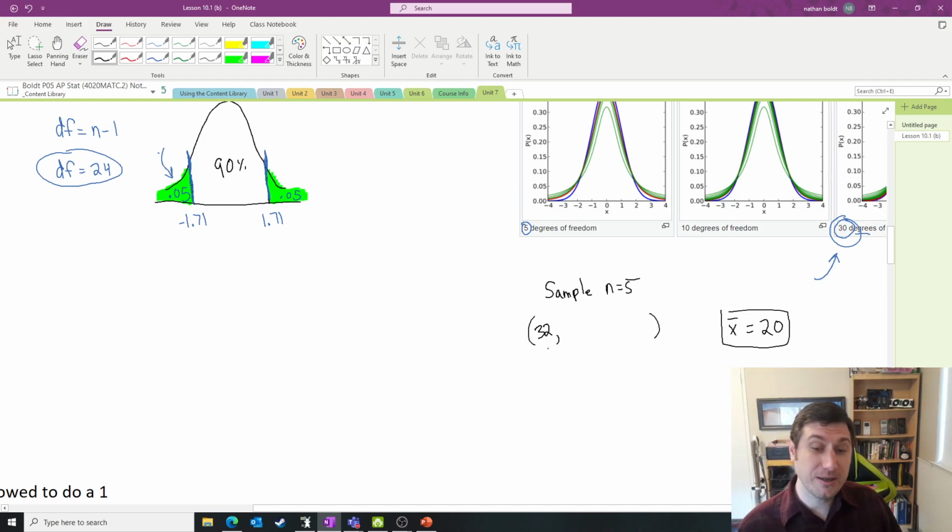Now I'm going to pick the second number. I have the freedom to pick any number I want. Third number, I have the freedom to pick anything I want. This third number could still be anything. The fourth number could still be anything, keeping the average equal to 20.